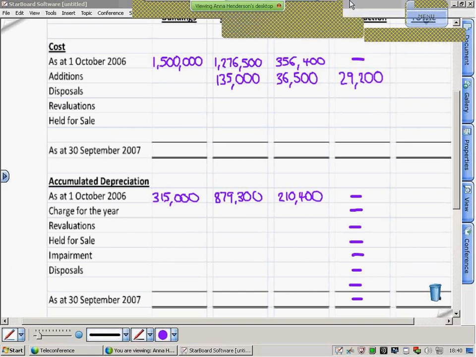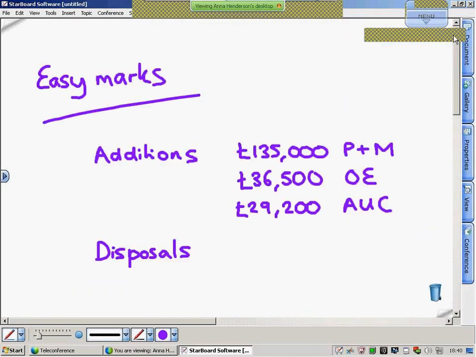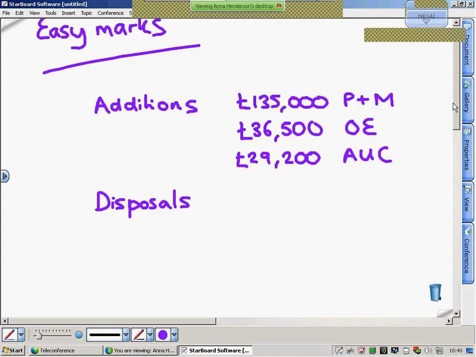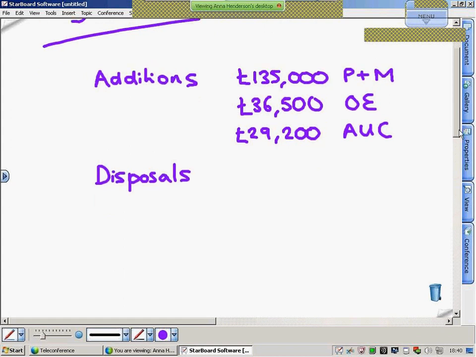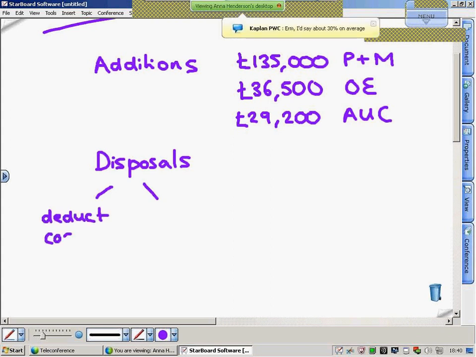Right, so we've done our brought forward. We have done additions. Now the disposal. We do two things when we have a disposal. We deduct the cost of the asset.